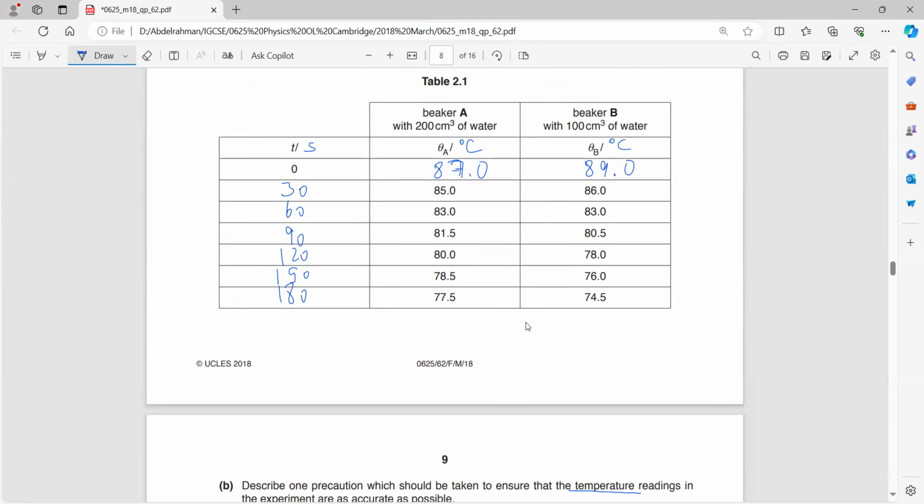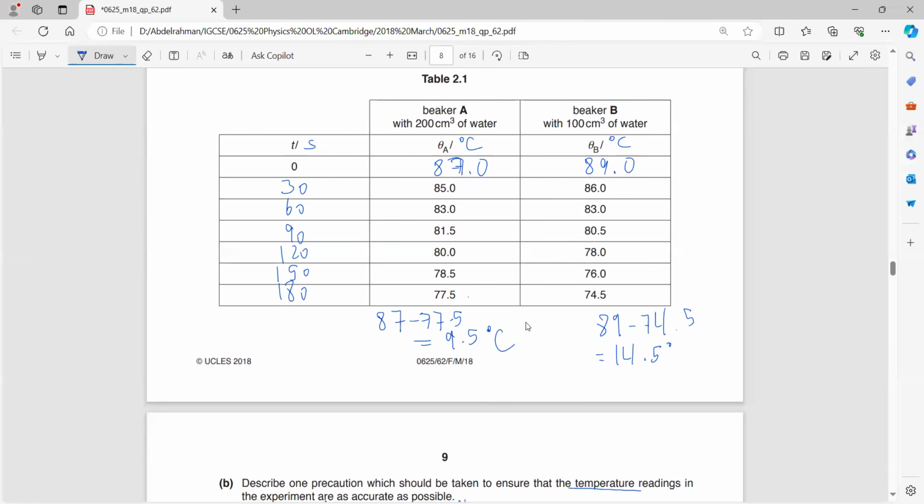Beaker A started off at 87 and ended at 77.5, so we can find the difference. 87 minus 77.5 would give a temperature difference of 9.5 degrees Celsius. 89 minus 74.5 would give a difference of 14.5 degrees Celsius. Again, correct me if I am wrong.